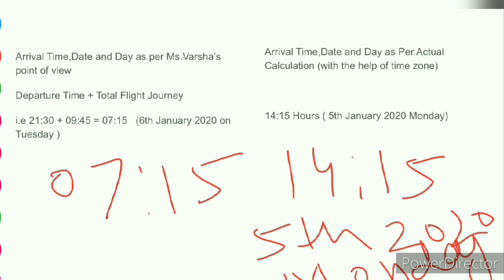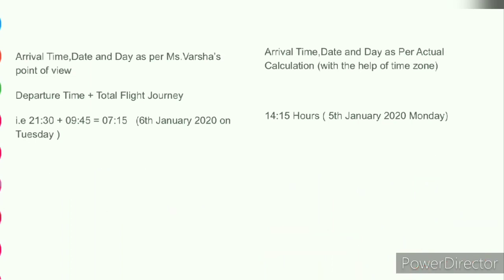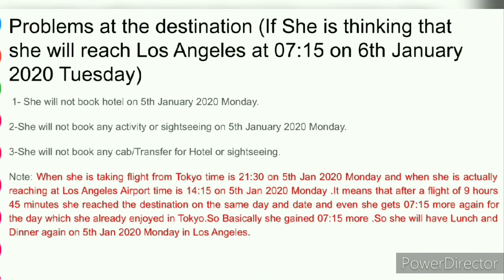So now in the next slide we will see the consequences, what will happen at the destination once she reaches the destination.